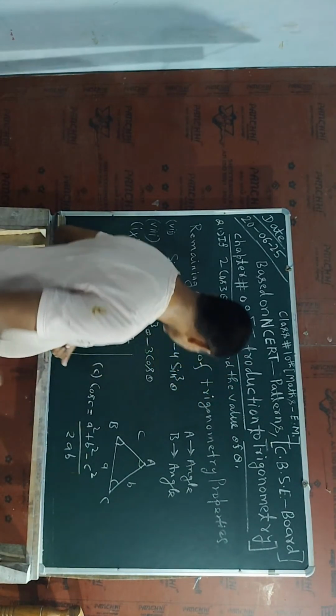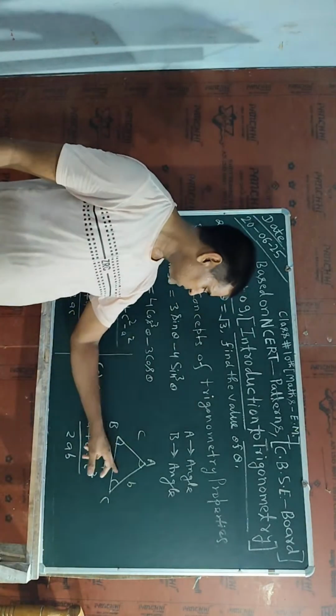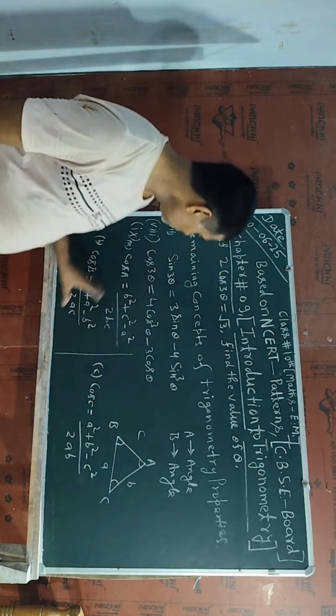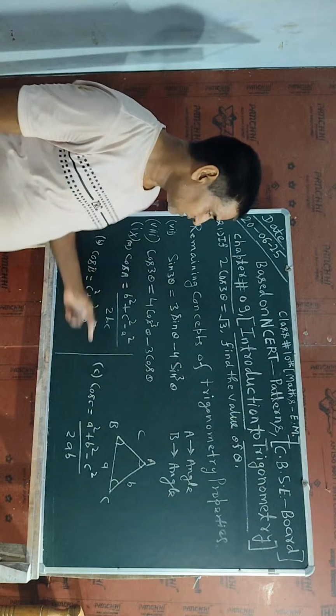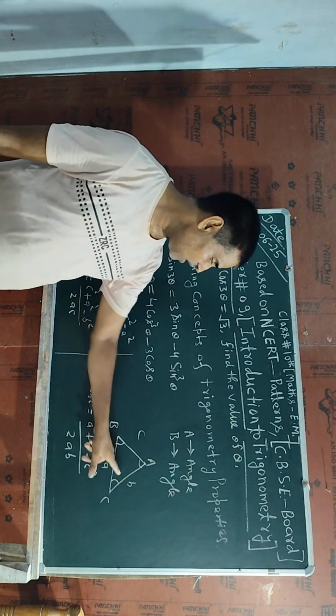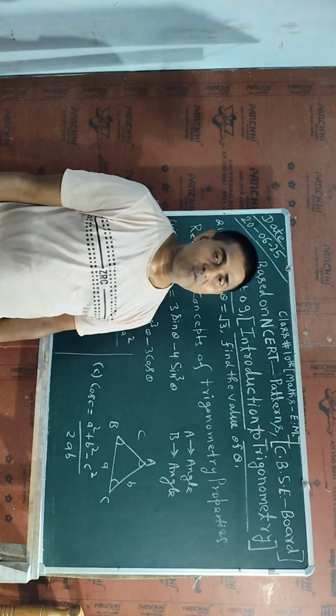Here I am considering angle C, so I subtract c square. So this is the third condition for getting the angle C. According to this identity, I can get angle A, angle B, and angle C when three sides of the triangle are given.